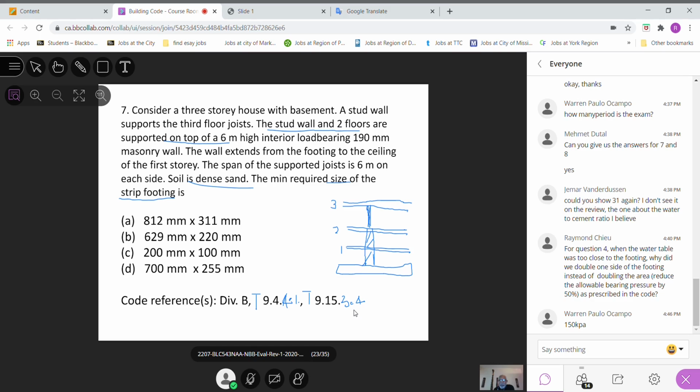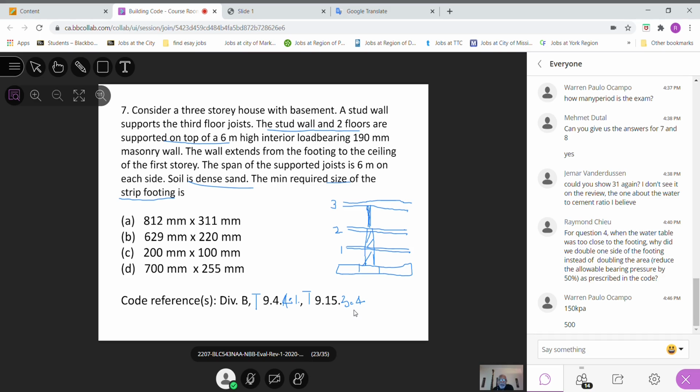Now the footing is supporting 3 floors. So what's the minimum for the footing size? Supporting 3 floors interior. Minimum size. Raymond, the water table has to be within the width of the footing. I think it was 775, so we had to double it because the water table was 700.